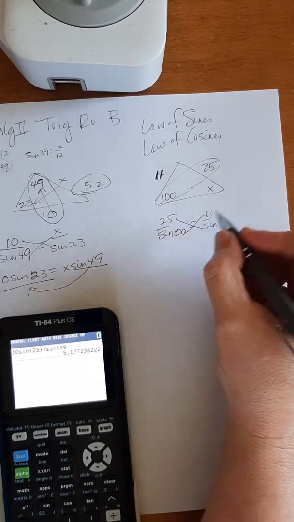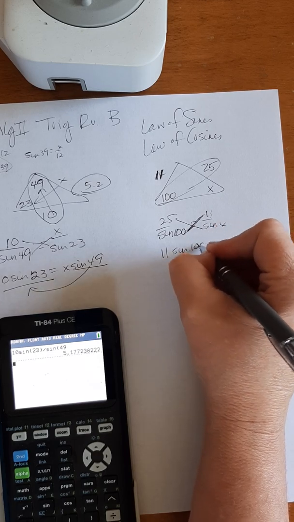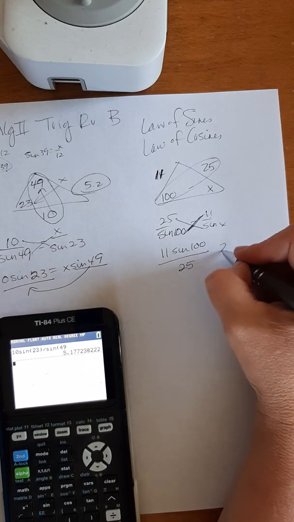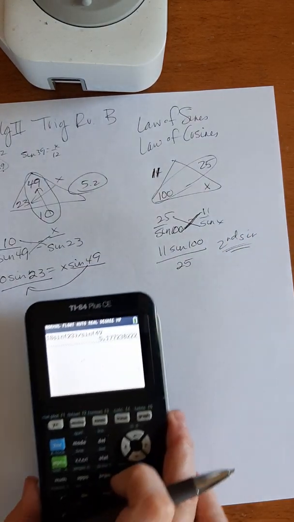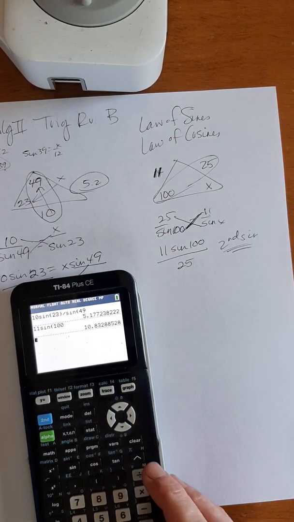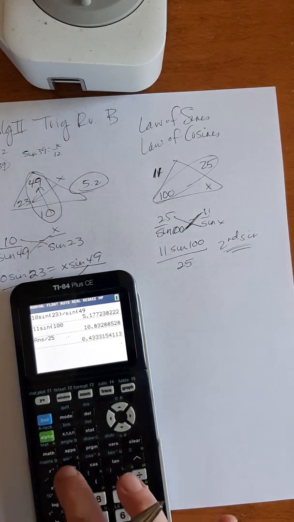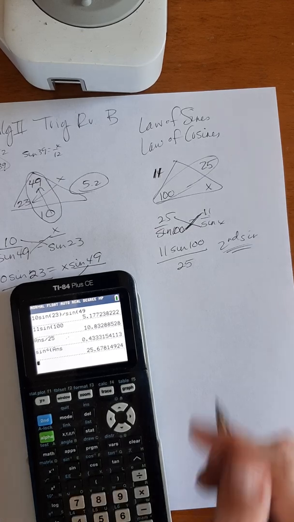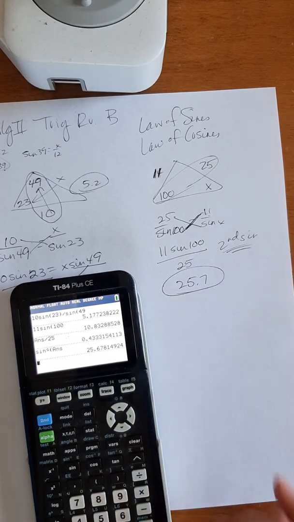Notice we're still going to multiply this one, but we're going to divide by 25. And since we're looking for the angle, we're going to do second sine. So 11 sine of 100 divided by 25, second sine, second answer equals 25.7.